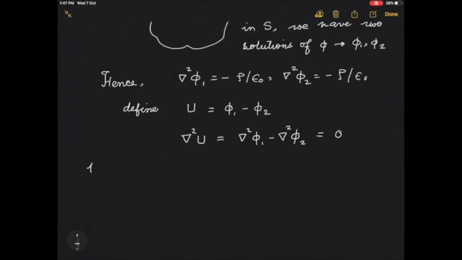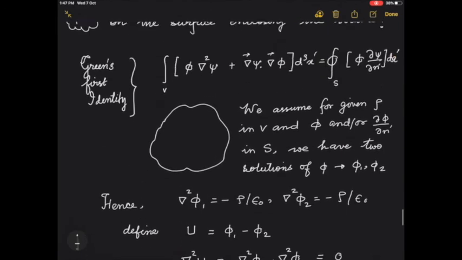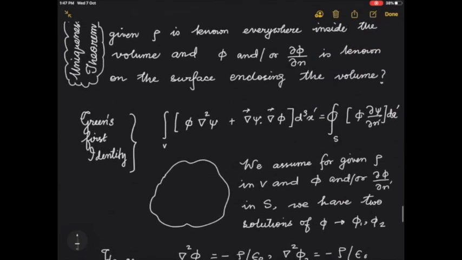Okay. And now use u for both phi and psi in Green's first identity.